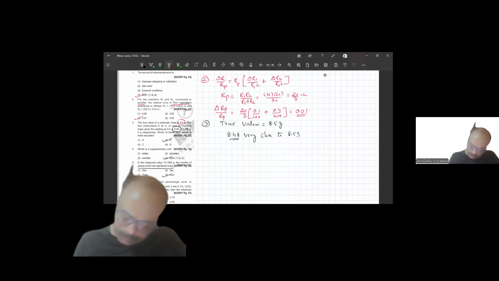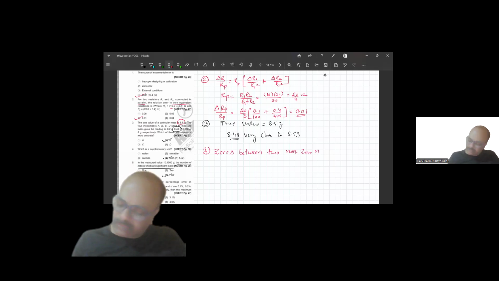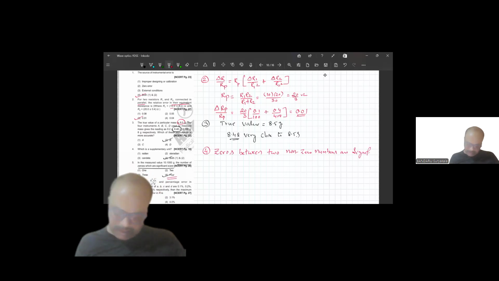Because we have the rule: zeros between two non-zeros are significant numbers. So that's the reason we can take option 4 as the correct answer.